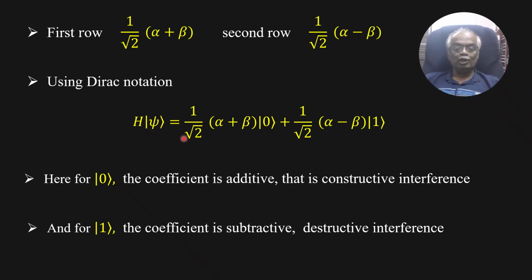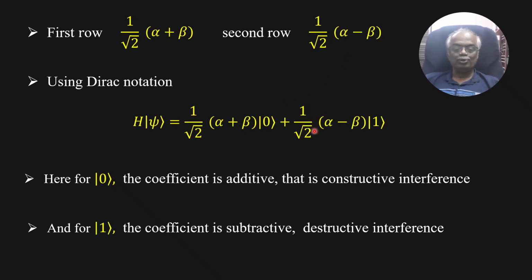which is equal to 1 over square root 2, this one first row, that is, the coefficient of ket 0 is 1 over square root 2 (alpha plus beta), plus the coefficient of ket 1 is 1 over square root 2 (alpha minus beta). If you square it, you will get equal probability.